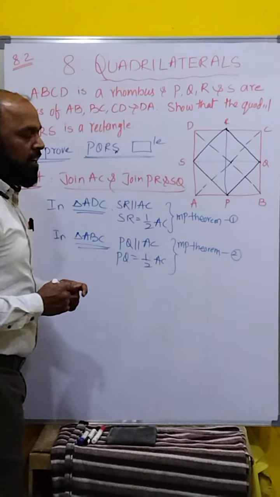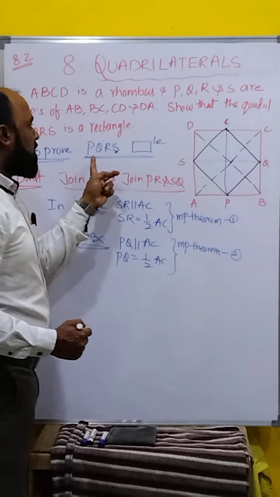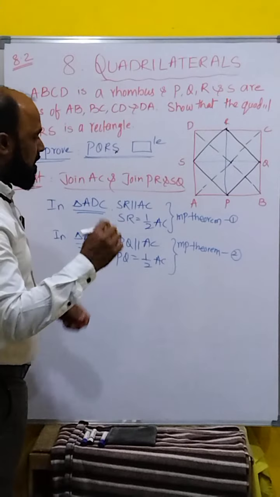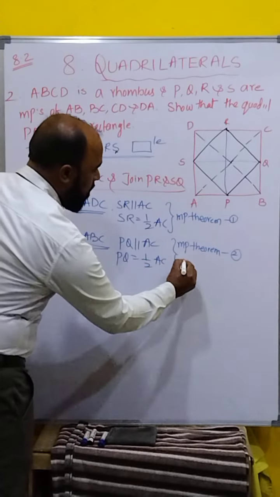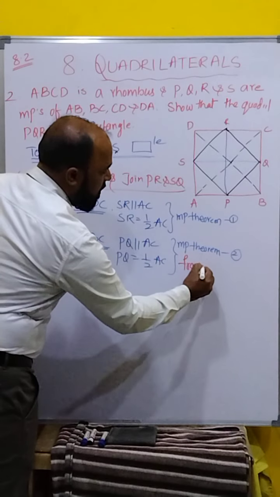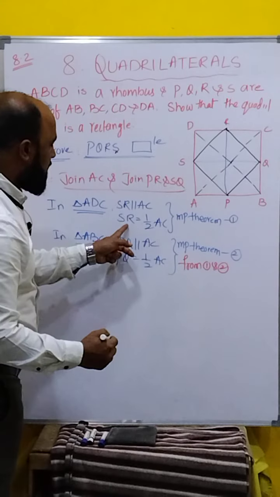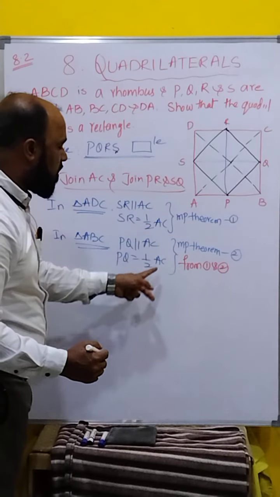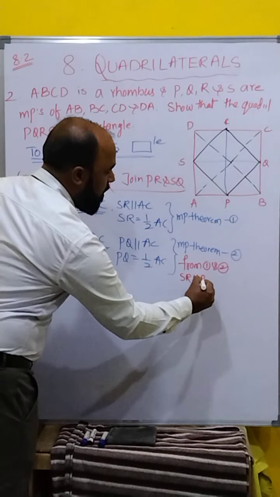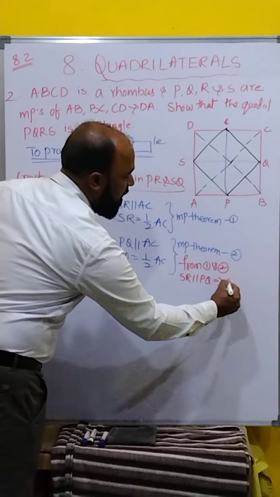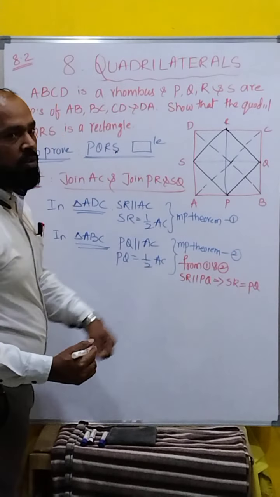In question number 1 already we proved, again we have to prove because the question is asking PQRS is a rectangle. First, PQRS is a parallelogram. From 1 and 2, SR is equal to PQ because both are half of AC. SR is parallel to PQ as well as SR is equal to PQ.